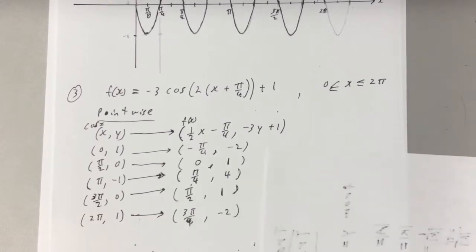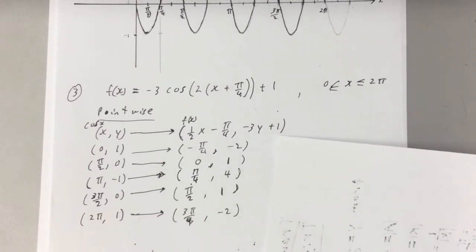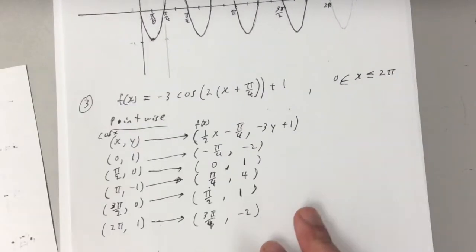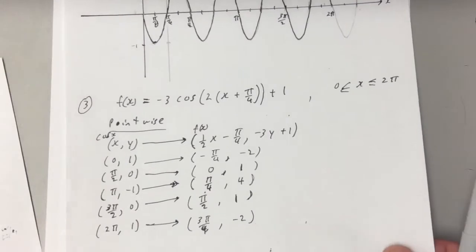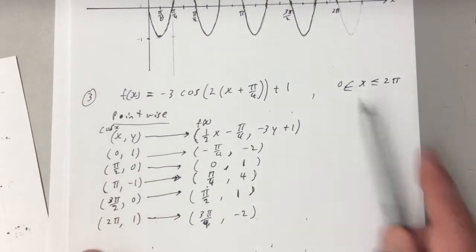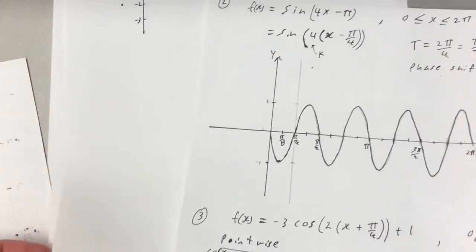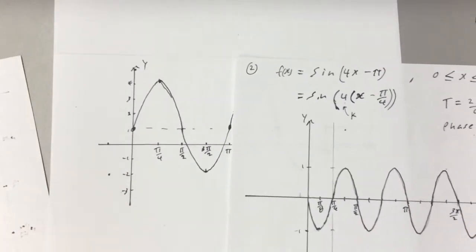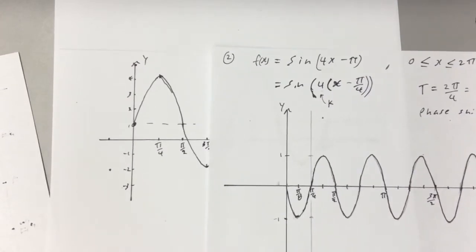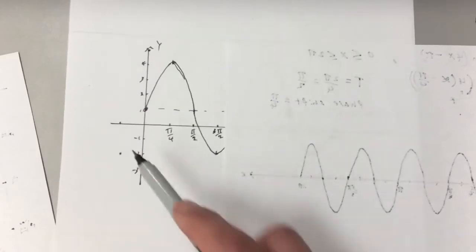Same thing with those other key points. You get these. Now you plot them all. And when you plot them all, you get one cycle of the graph. And then you have to fix it so that it fits in between 0 and 2 pi. So one cycle of the graph, you plot the points.